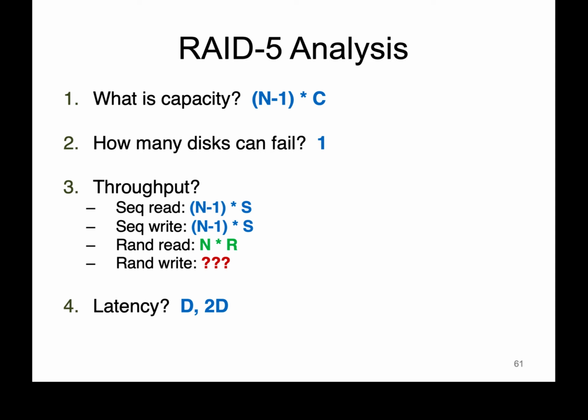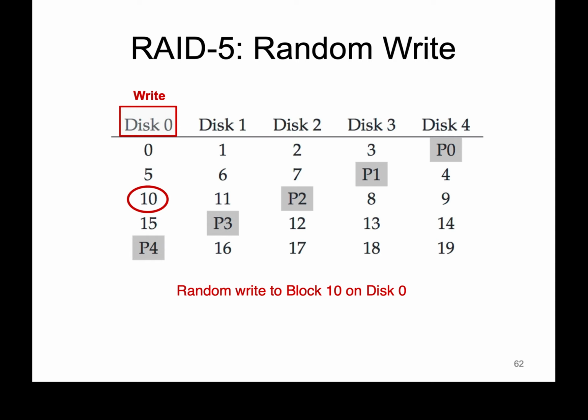For random write, what is the theoretical performance that can be achieved? If you take a look at this example, let's assume a random write hitting disk 0, targeting logical block number 10.